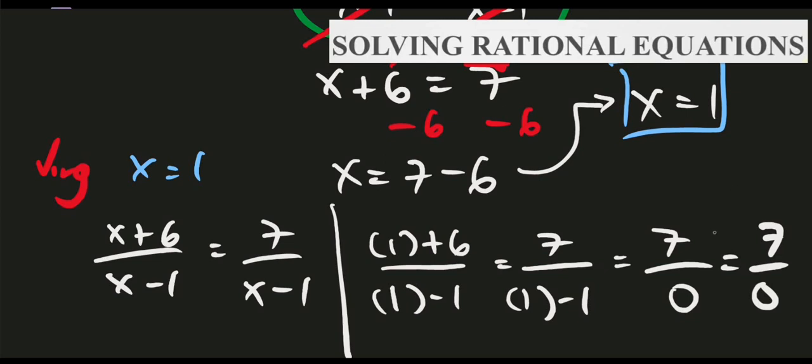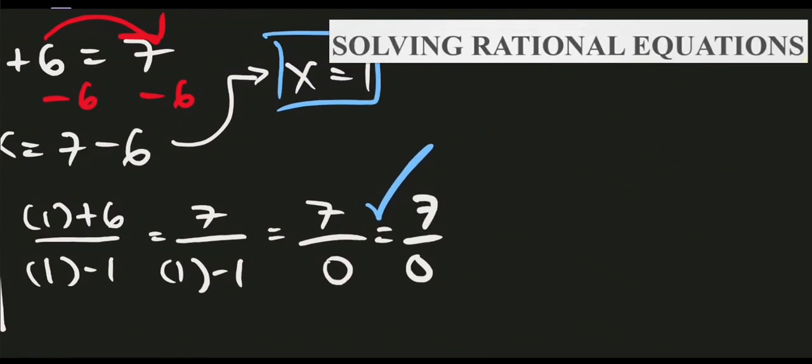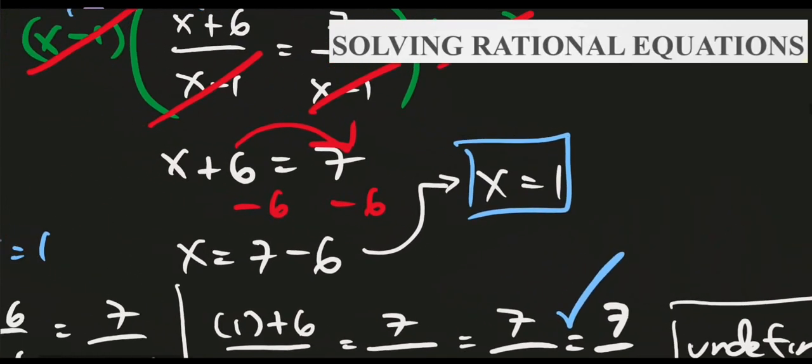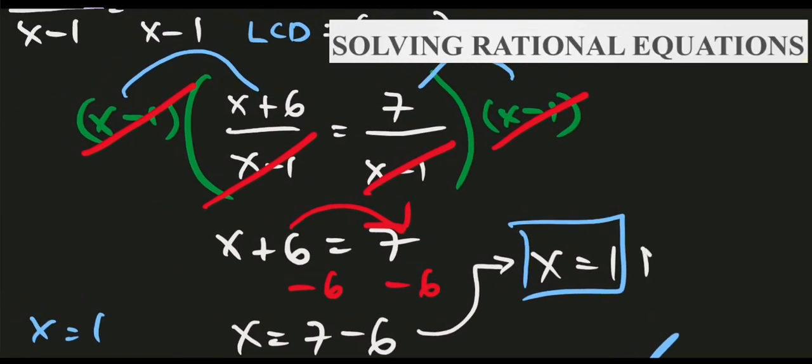So yes, obviously this is equal, but the problem here is the given expression is actually undefined, right? Since that value of x makes our function or expression undefined, that means that this x is not a solution. Okay?